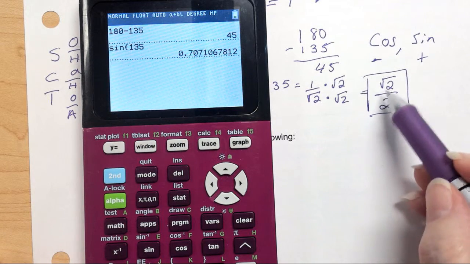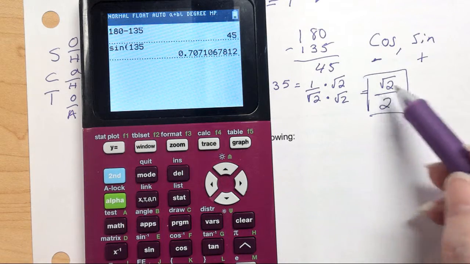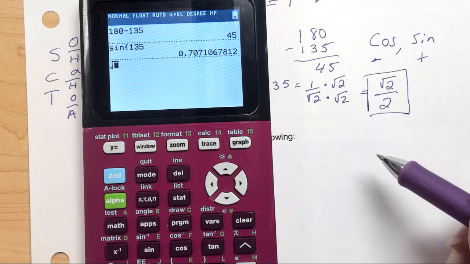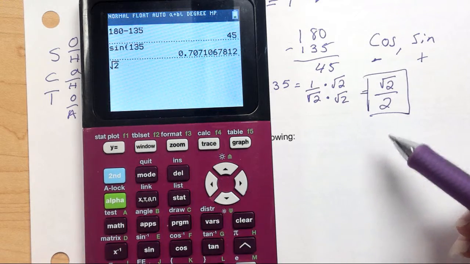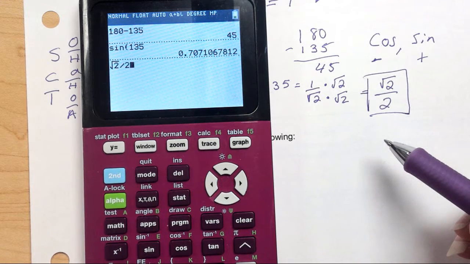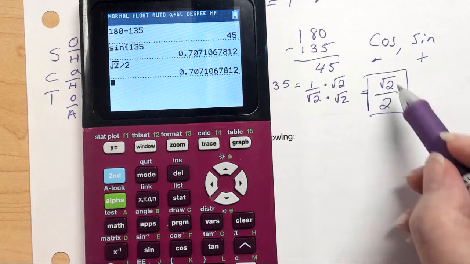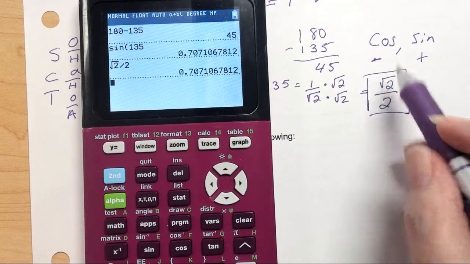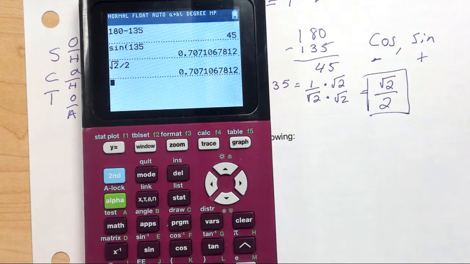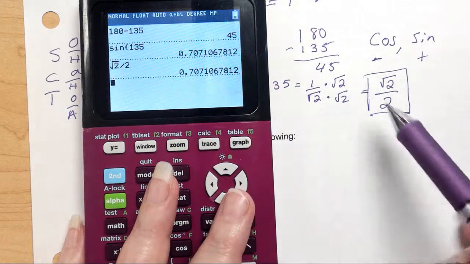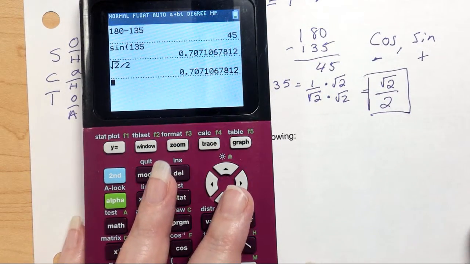To see if it's the same thing, put the square root of 2 divided by 2 in your calculator, which is the same thing. This is your exact value. This is approximate. But it also helps you to check to see if you're right on positive, negative, things like that.